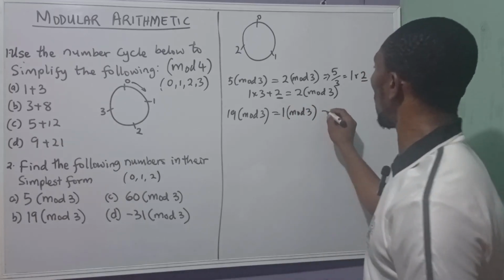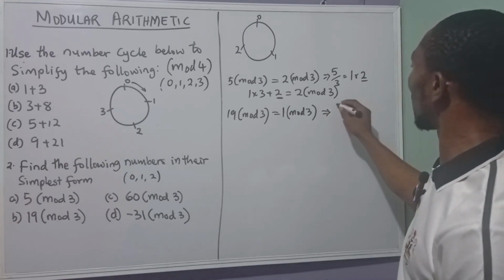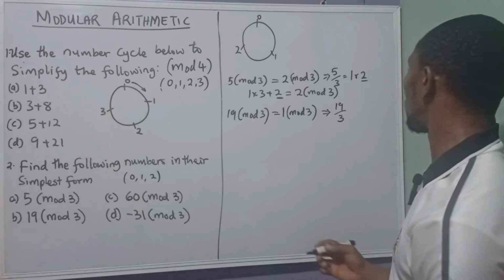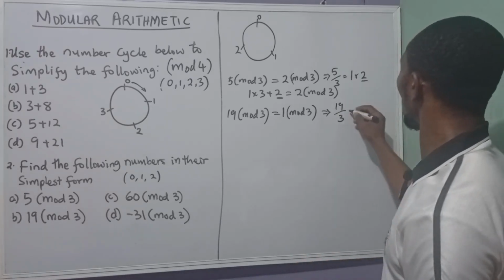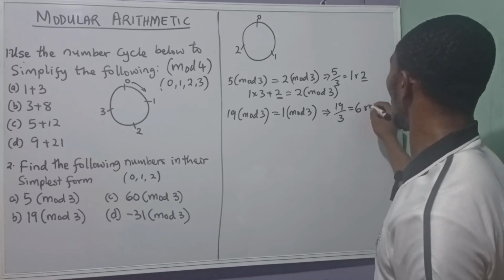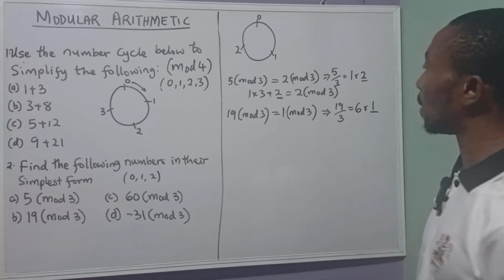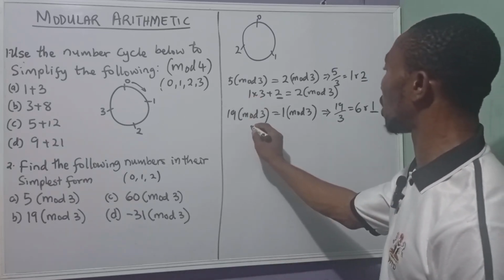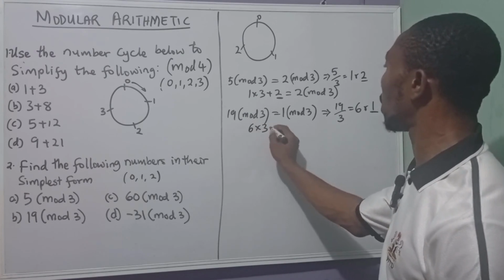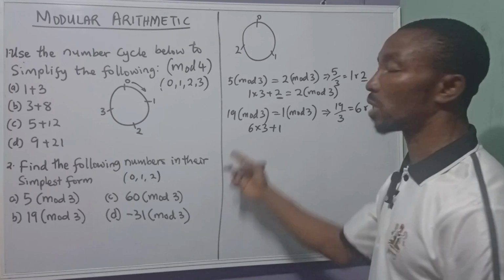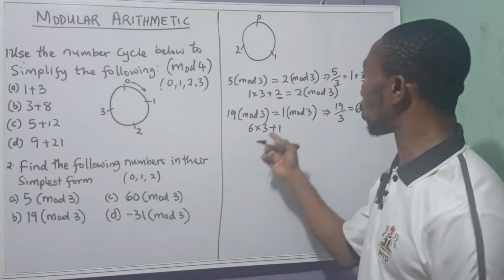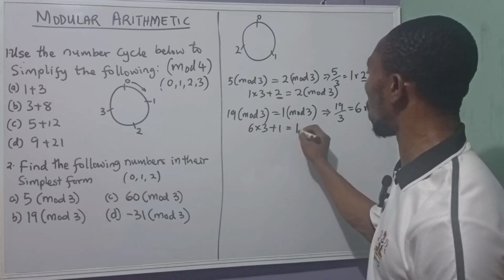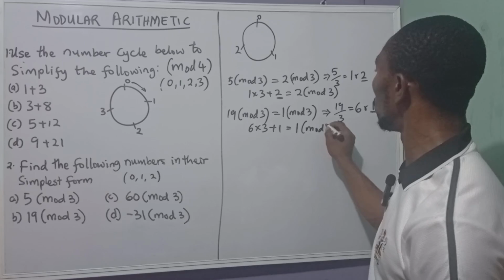Now using our other method, 19 divided by 3 gives us 6 times 3, which is 18, so this will be 6 remainder 1. So 1 remaining will be our mod. Expanding in this method, we have 6 times 3 plus 1, since 6 times 3 is 18, plus 1 gives us 19. So this gives us 1 mod 3.